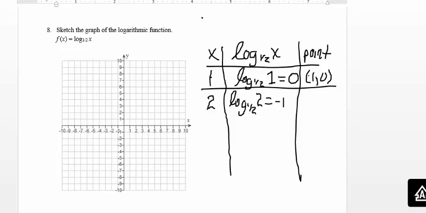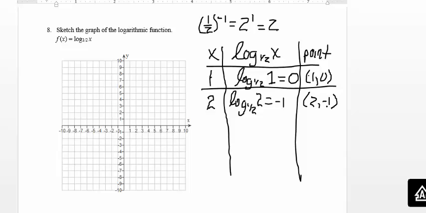And notice that's true because 1/2 to the -1 is 2 to the first power, which is just 2. So I'm going to be plotting the point (2, -1).